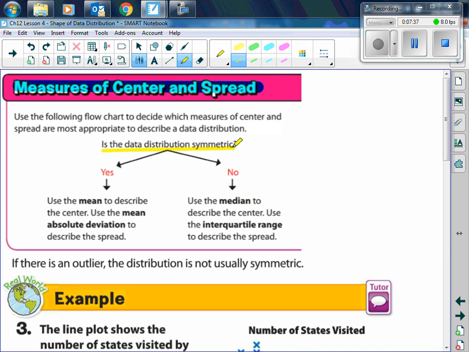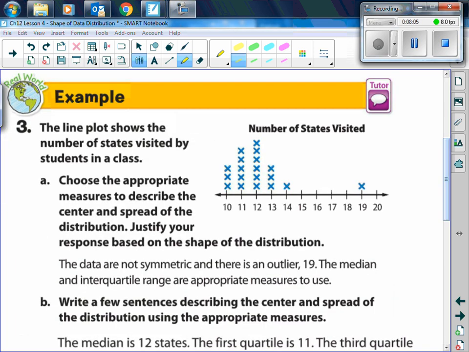If the data distribution is not symmetric, we're going to use the median to describe the center, and we'll use the interquartile range to describe the spread. If there's an outlier, the distribution is usually not symmetric. If we have an outlier, it's usually not the same on both sides.